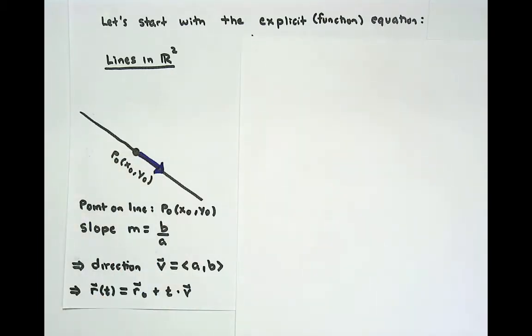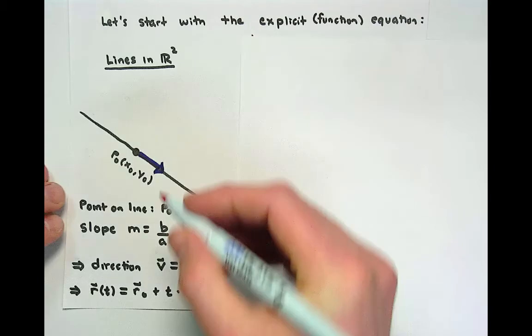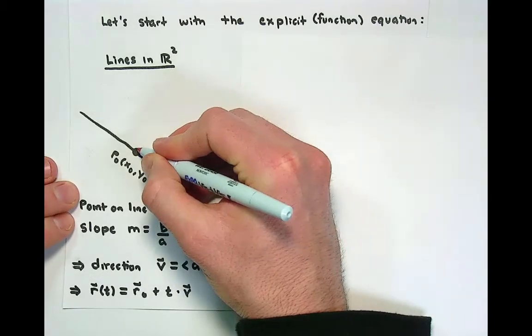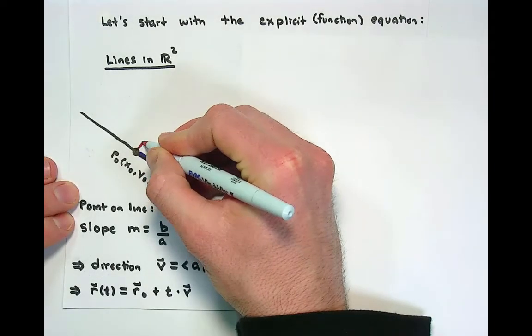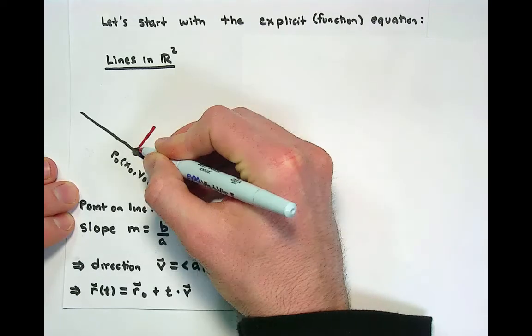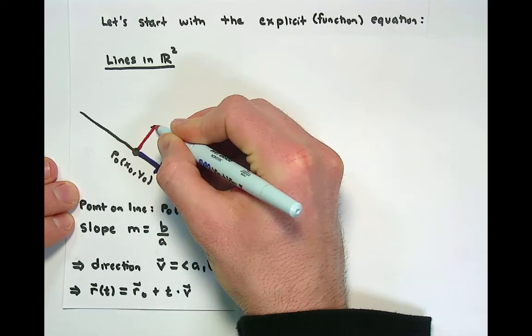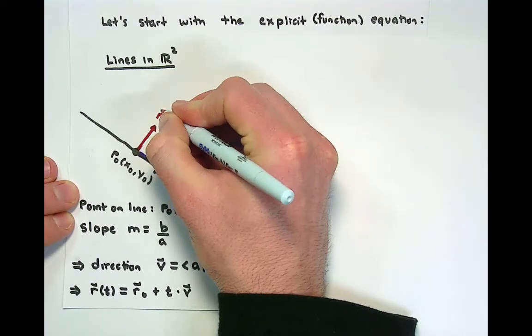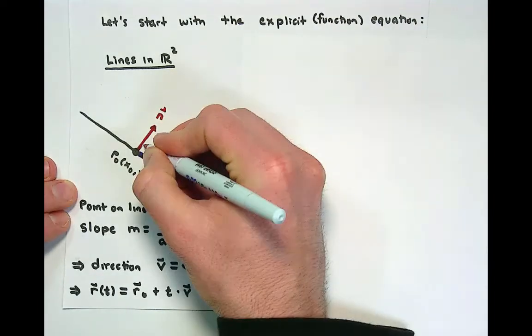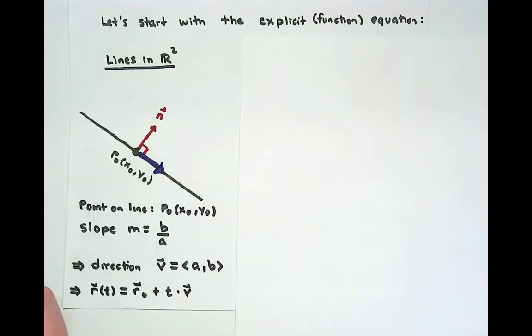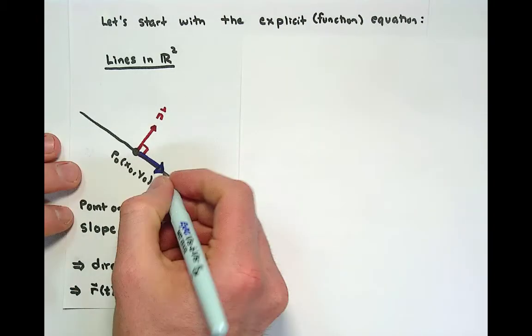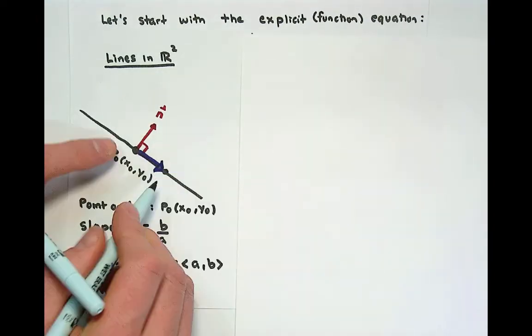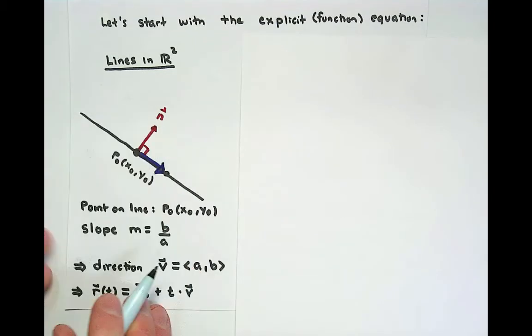However, we also saw that we could implicitly define the line by encoding the normal vector to the line, or the vector perpendicular to V, and looking at the line as the set of all points that create vectors orthogonal to n.